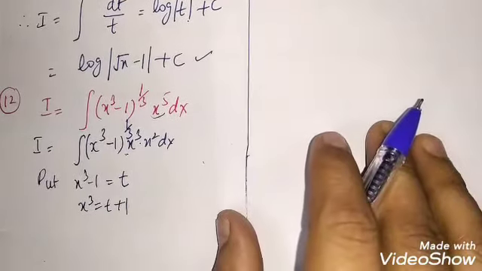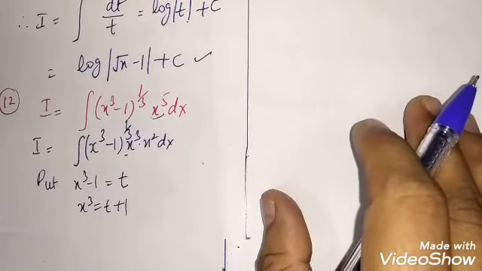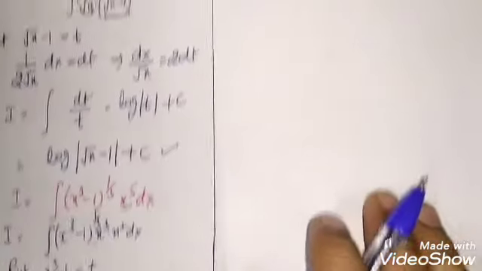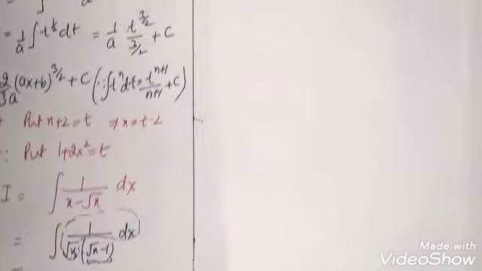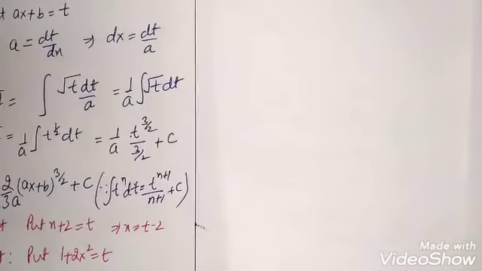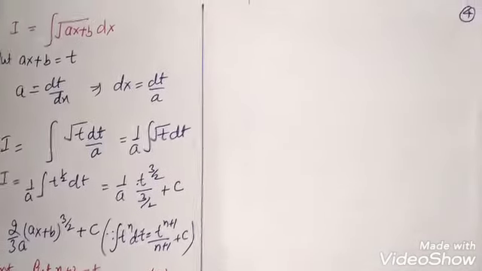On differentiating both sides, the derivative of x cube is 3x square, and the derivative of t is dt upon dx.